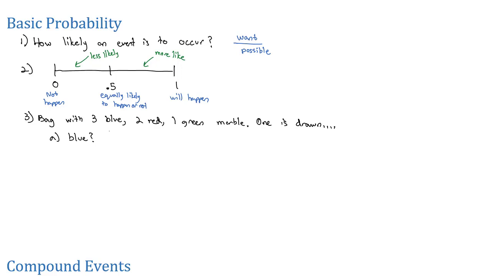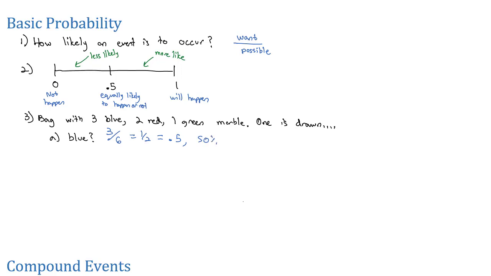Well, there are 3 blue marbles in the bag. So what we want is these 3 blue marbles out of the total number of possible. And if I combine the 3 blue, 2 red, and 1 green, we see there are 6 possible. And so we end up with a probability of 1/2, or a decimal of 0.5, or you might say 50%.